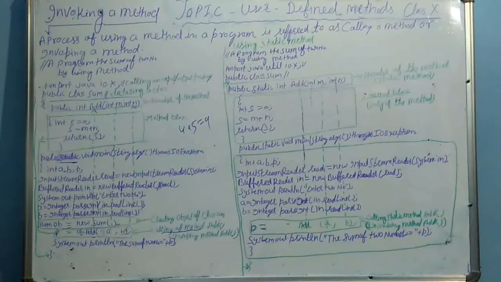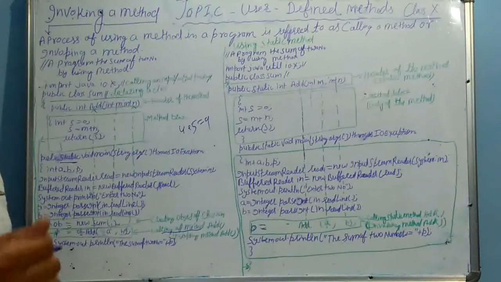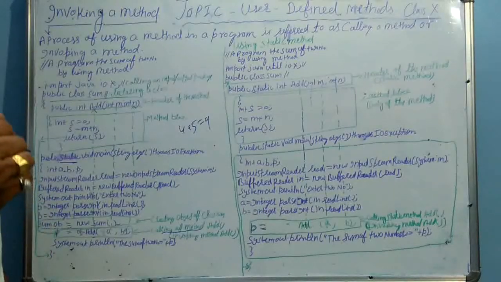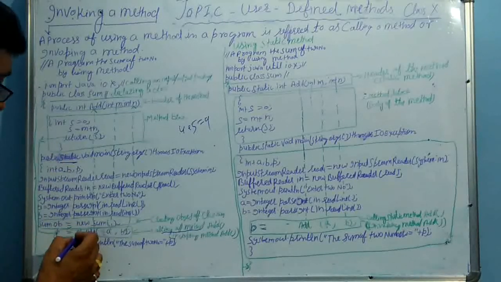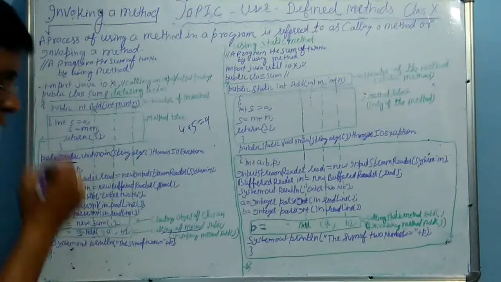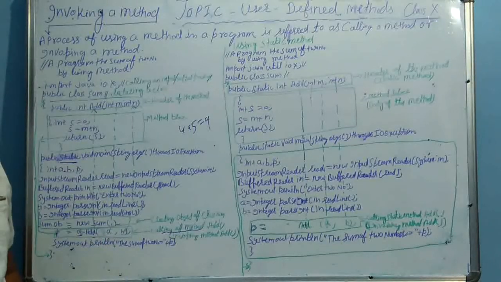In this situation, what do we have to do? We do not need an object for its calling. In this situation, we do not need that ob for its calling, so we can simply call.